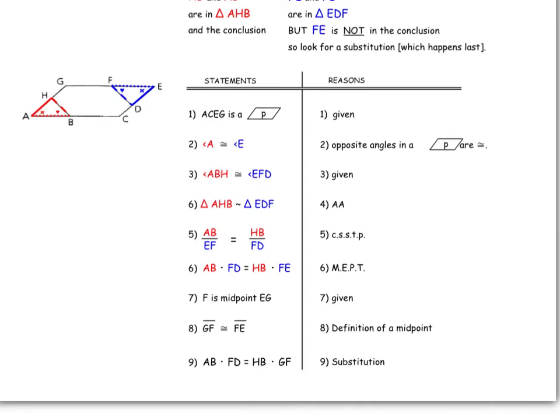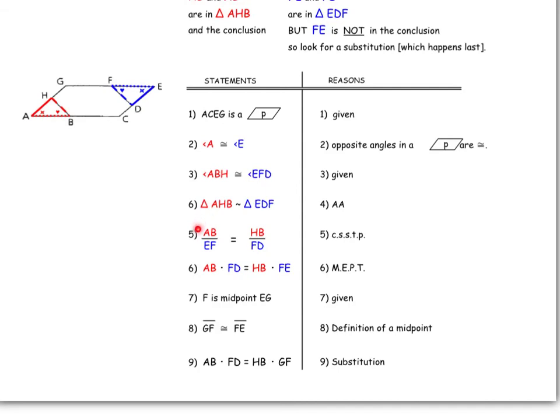I could have done the substitution here if I wanted to, and you could certainly do that if you want to, but I just figured since I had the proportion, I may as well cross multiply it. So I did AB and FD equaling EF and HB, and as we pointed out in class, the order that I chose for the cross product was the order that matched the conclusion that they had.